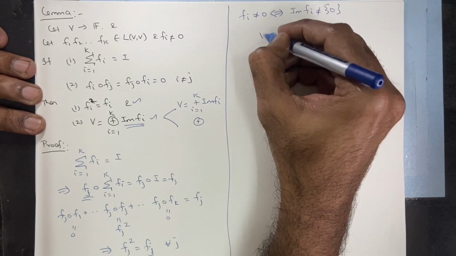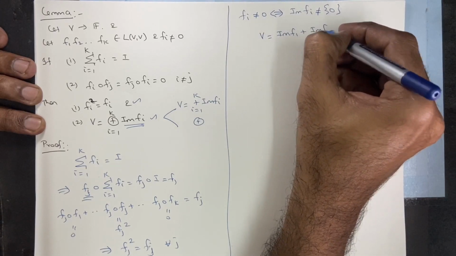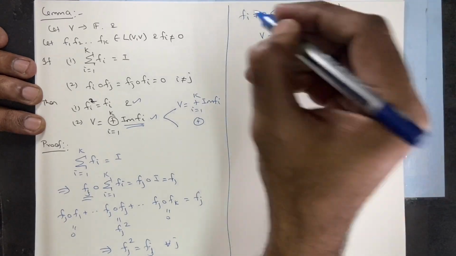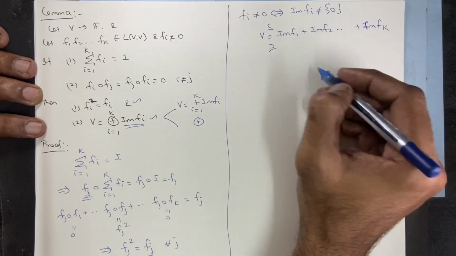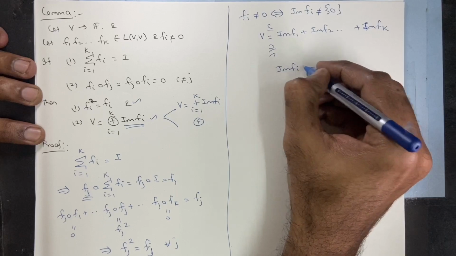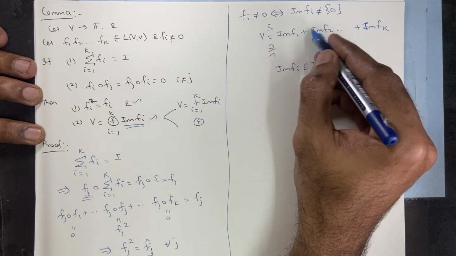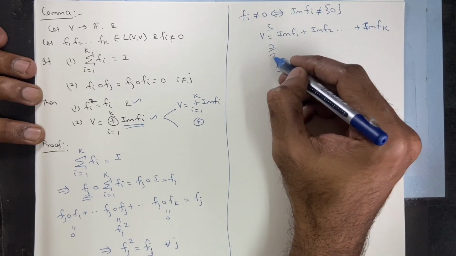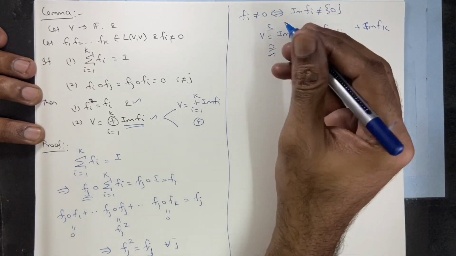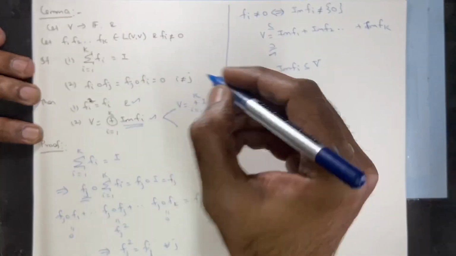So first we prove that V is equal to the image of F1 plus the image of F2, up to the image of Fk. We prove that this is a subset of this and this is a subset of this. This way is trivial, because each image of Fi is a subspace of V, and therefore if you take elements here and add them, they are going to belong to V. So we have to prove the other way. We take an arbitrary element v from V and prove that it can be represented like this.